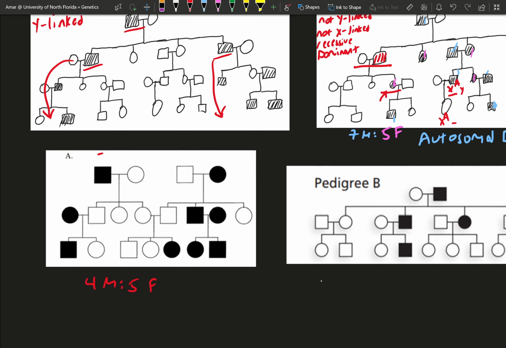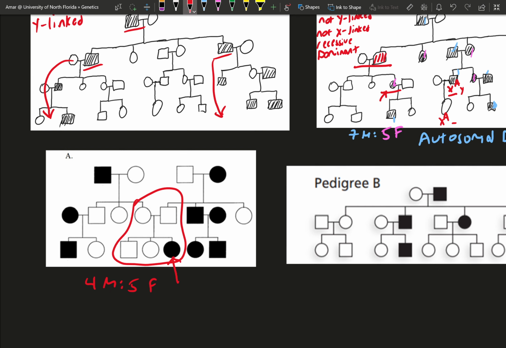So let's try to figure out which autosomal mode of inheritance it is. You're going to look for something like this. Right here we have two individuals that are not affected, and they're crossed together to generate an individual that is affected here.